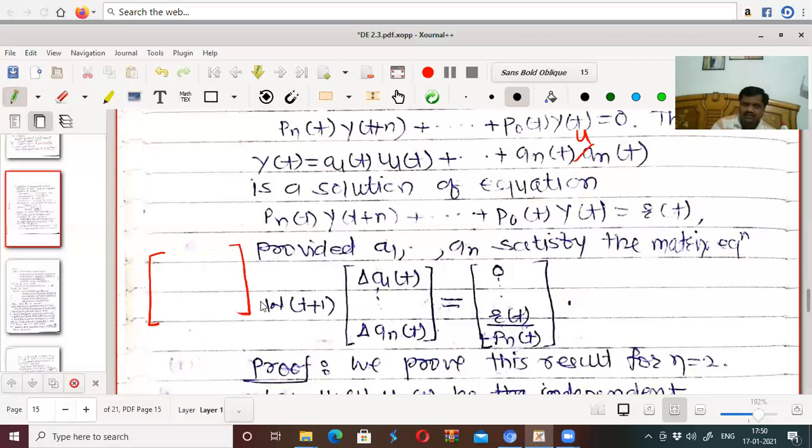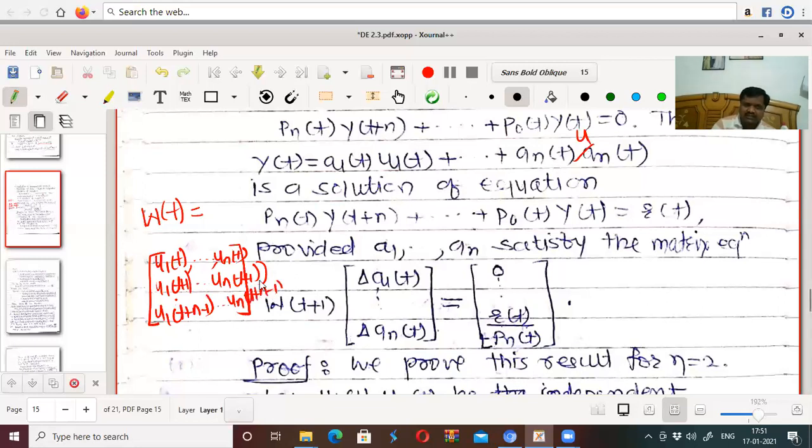We know that W of t is given by the nth order matrix with first row u1(t) up to un(t), then second row u1(t+1) up to un(t+1), and in this way the last row is u1(t+n-1) up to un(t+n-1).